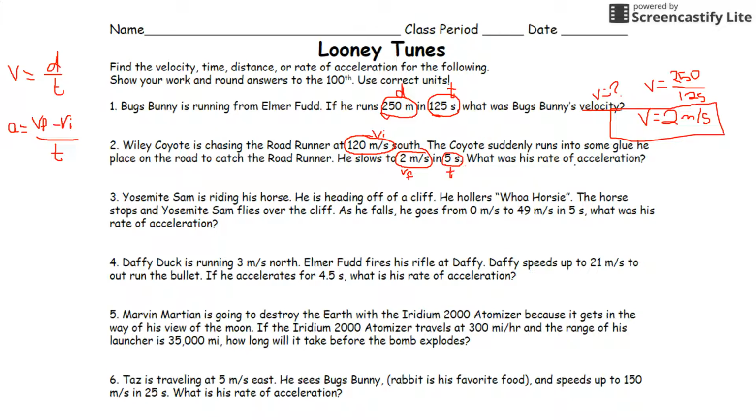So what is his rate of acceleration? Acceleration, I'm going to use this one, and I have everything I need to do it. My V final is 2. V initial is 120. And my time is 5 seconds, divided by 5. And that will give me acceleration. Let me go to my Desmos calculator again.